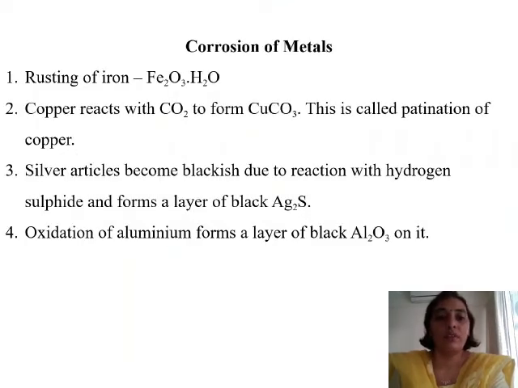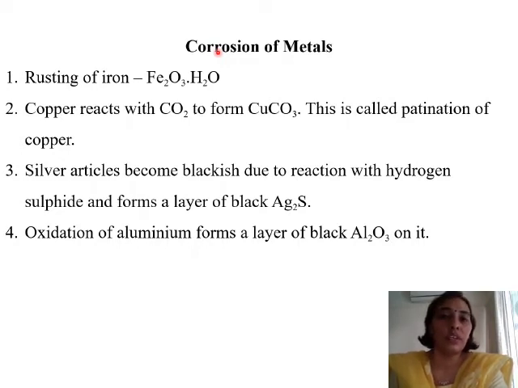Let us now begin with corrosion of metals. Corrosion is a slow process of decay and destruction of metals due to exposure to oxygen, water, that is moisture, acids, etc. Due to this, the metals form a layer over them, like iron develops a reddish colored layer of iron oxide.